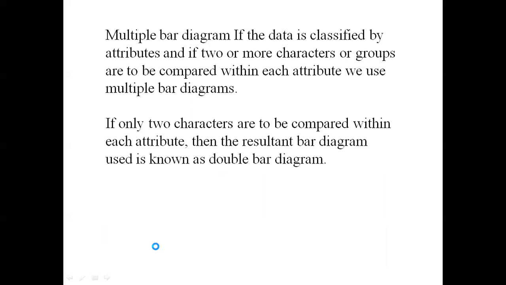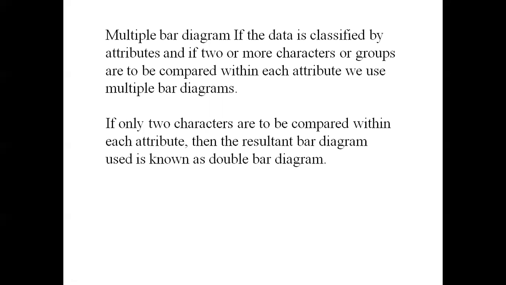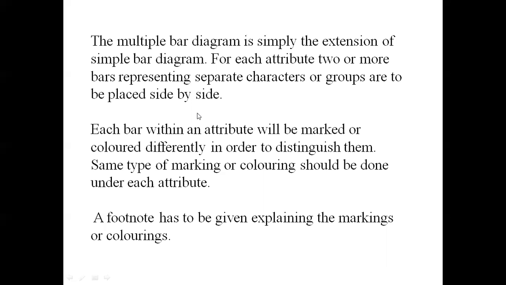So whom you have given which color, see, this is a footnote or index to be given. So here yellow color represents girls, boys are represented by red. That is the footnote or index that has to be shown in the graph. So these are the conditions that should be followed while preparing the graph.